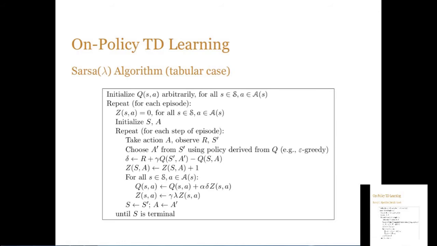so we can interpolate between Monte Carlo and TD learning. So in principle, you would think, okay, what is the best choice of lambda? Theoretically, using the Monte Carlo sample will be the best because it will be the least biased option.